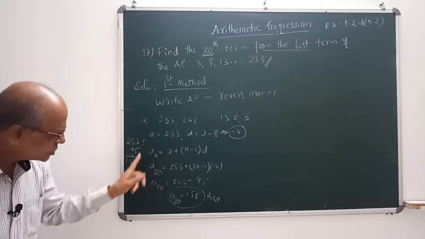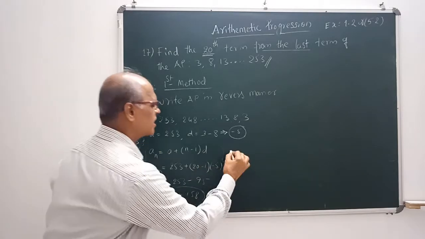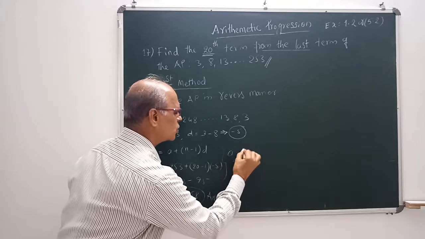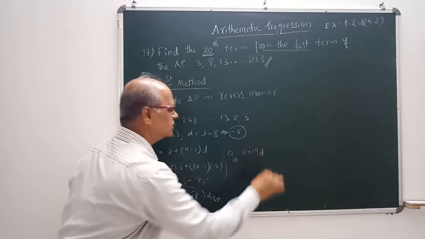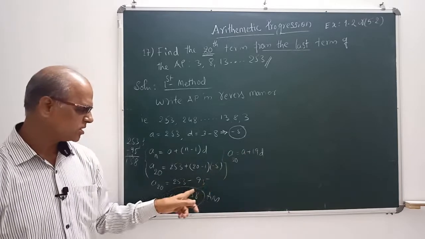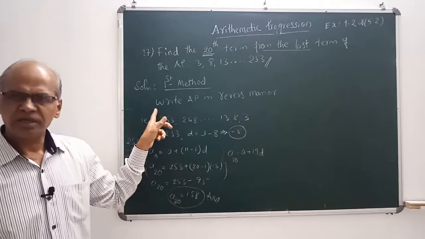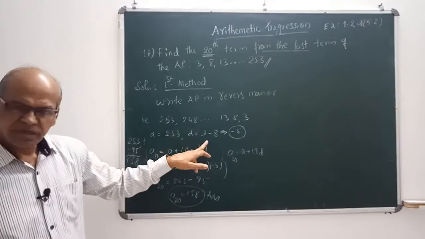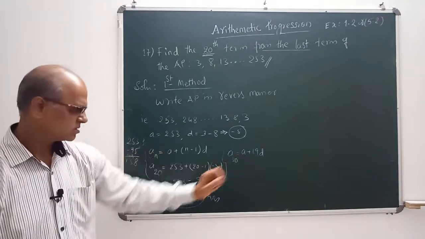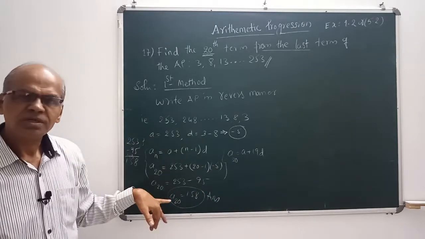These two steps can be avoided. Directly you can write A20 is equal to A plus 19D, wherein A is 253 and 19 is as it is, D is minus 5. Write the reverse AP, write the given things, substitute the values and do it. Understood? So this is one method.